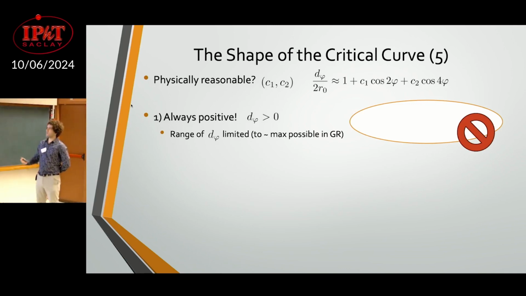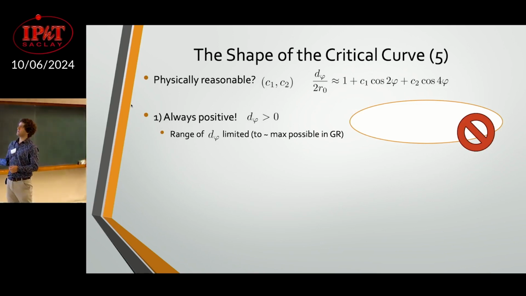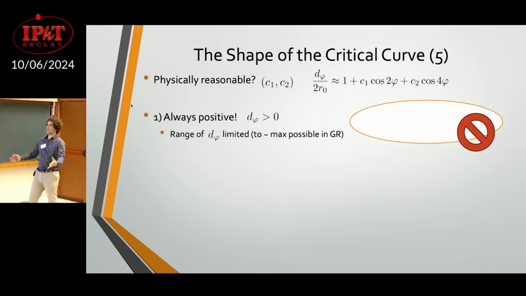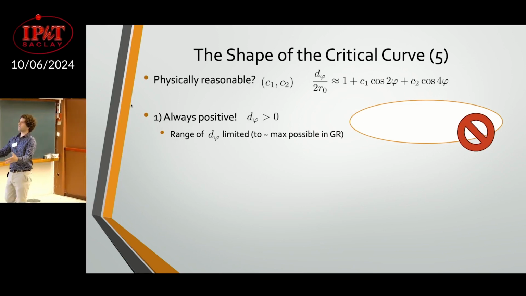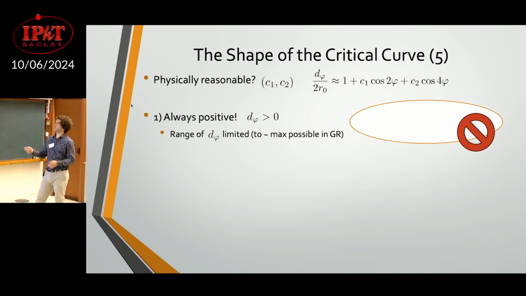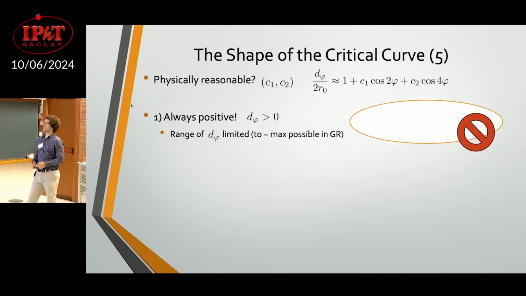And in GR, we know that there is a very narrow range of diameters that's allowed. It's always going to be not too elliptical, basically. So if we limit the range of the diameter as the function evolves, to discount things that look like these crazy ellipses, then that puts heavy restrictions on our function.